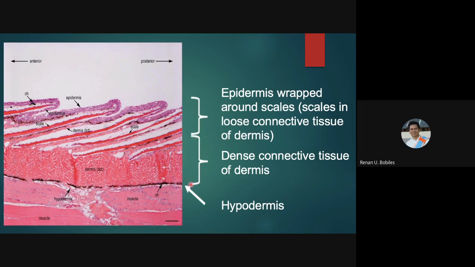The epidermis is wrapped around the scale. The scales are wrapped by a loose connective tissue of the dermis. While the dermis of a scaled fish, yung mga ostiches, they possess a dense connective tissue. Okay?